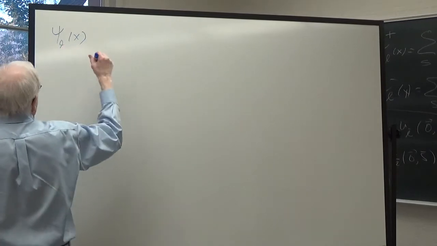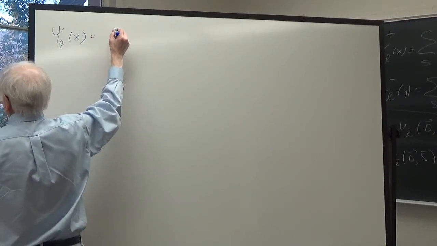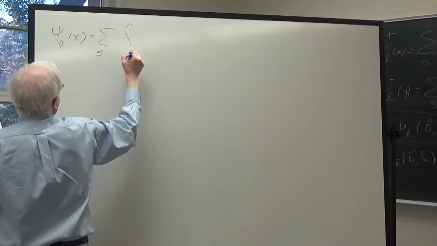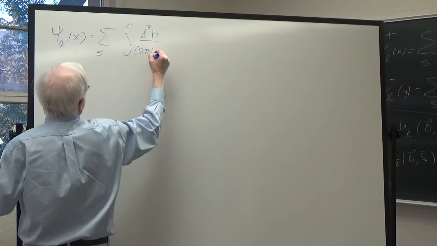This has 4 values here, and it is a sum over S and an integral d cubed p over 2 pi to the 3 halves.